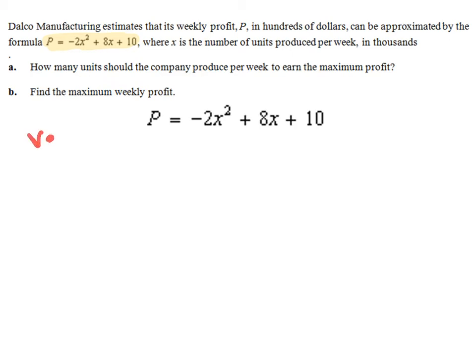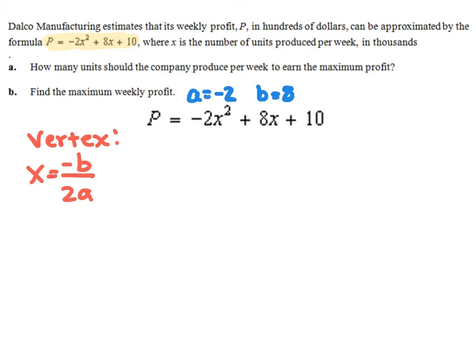So if we're calculating the vertex, the x-coordinate is negative b over 2a. Whatever is the first number is a, so a is negative 2, b is 8, and c is 10. So if we substitute, we'll have x equals negative times 8 over 2 times negative 2.